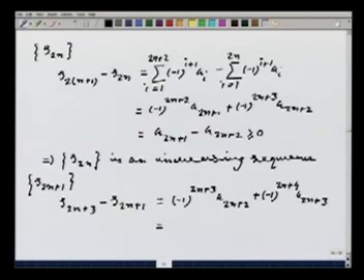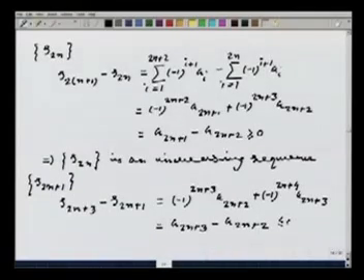That means a_{2n+3} minus a_{2n+2}, because minus 1 to the power 2n+4 is 1. But notice that the sequence is decreasing. That means a_{2n+3} is less than a_{2n+2}. So this is less than or equal to 0. So the behavior changes. This implies then that the sequence S_{2n+1} is a decreasing sequence.